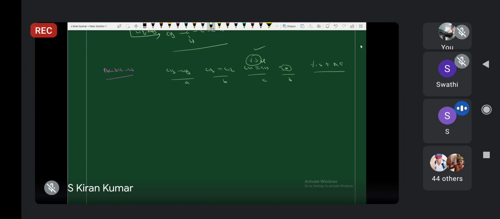One more example: butane, butene, 1-butyne or 2-butyne. Which is more acidic? A, B, C, D. C is more acidic because in 1-alkynes, acidic hydrogen is present: C≡C-H. The triple bond carbon hydrogen is more acidic.